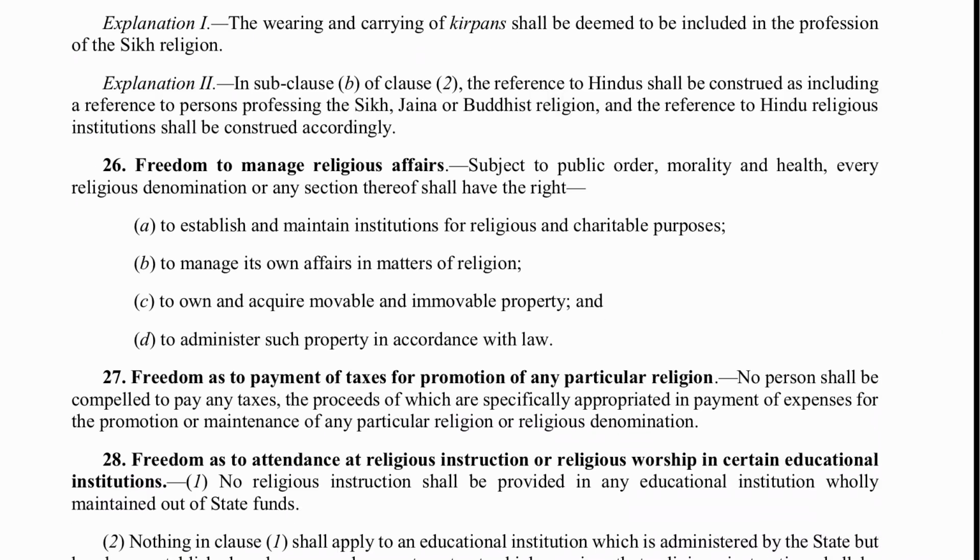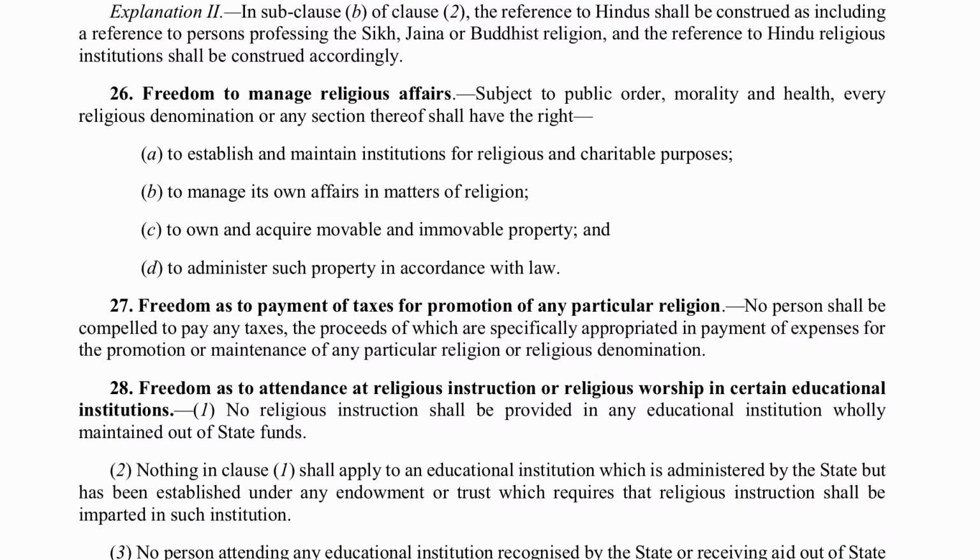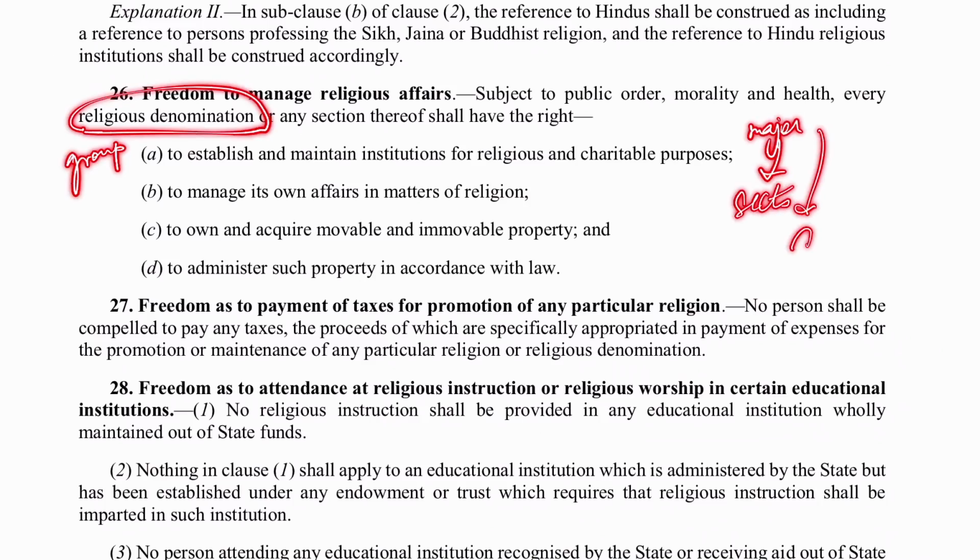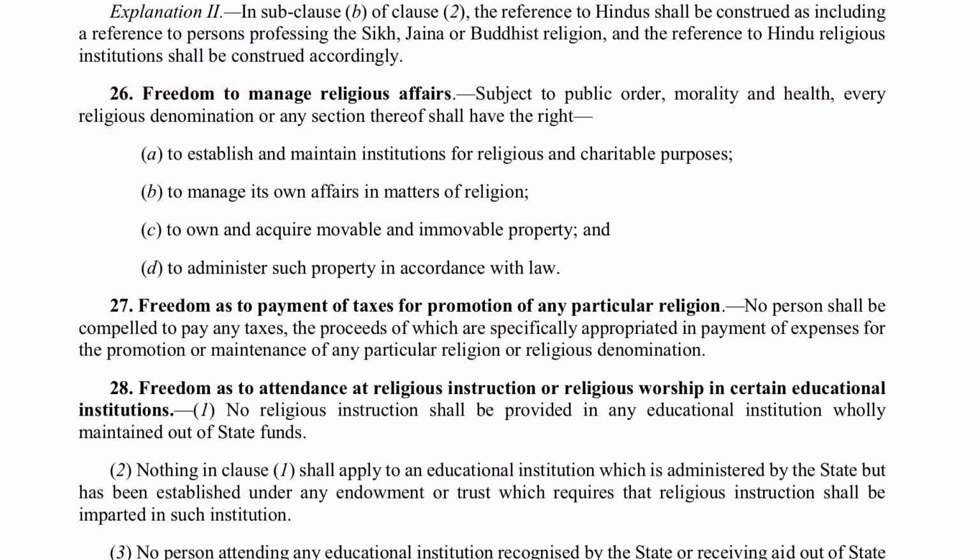Okay, now apart from the individuals, do we have rights related to religion given to groupings also? So let us now see here. The religious denomination or any section, so any grouping. Religious denomination would be like within a major religion you have several sects and denominations, with different belief systems, but overall the religion remains the same.